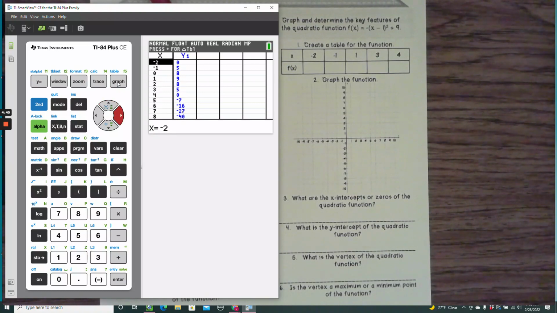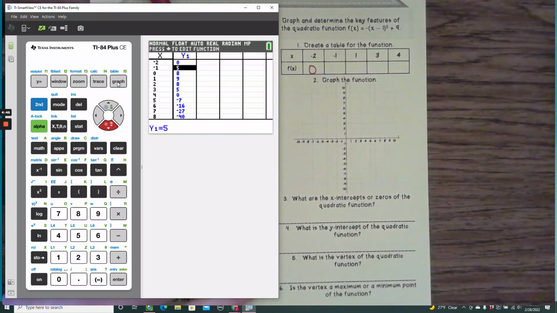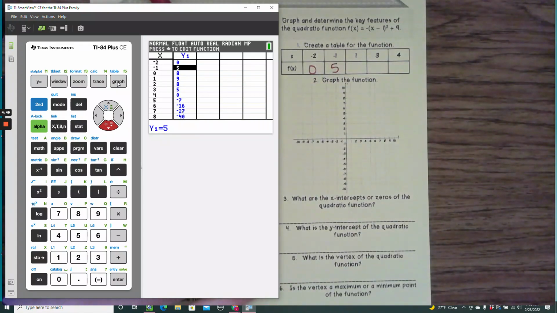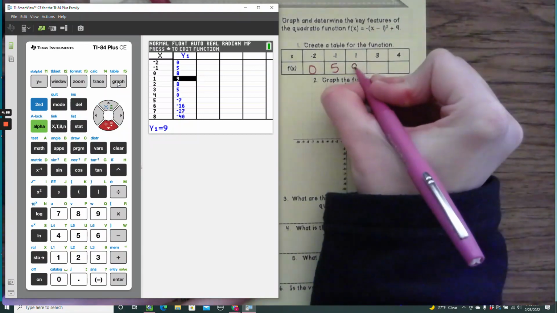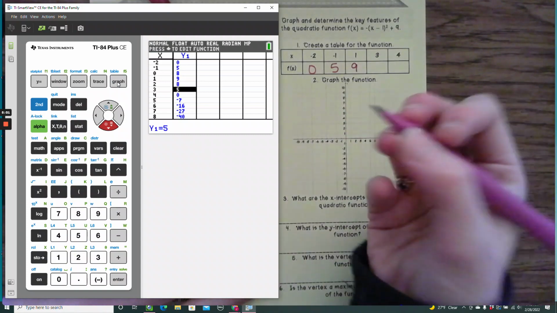So when x is -2, y is 0. When x is -1, y is 5. When x is 1, so we're skipping 0, the y is 9. When x is 3, so always watch what values they want, or if you're building your own table.